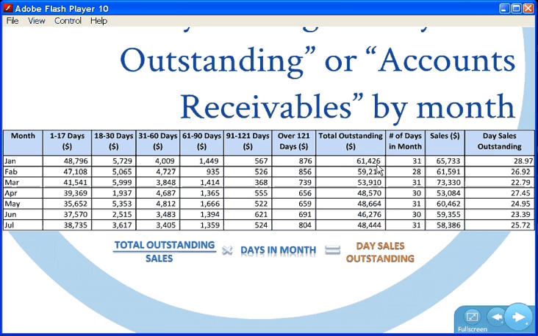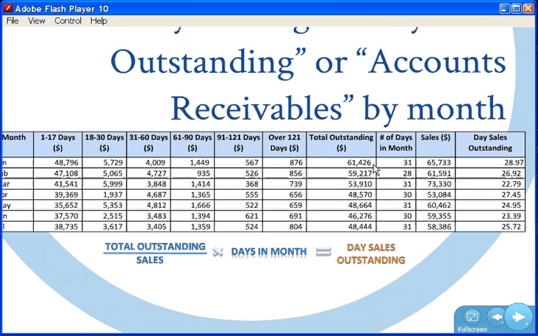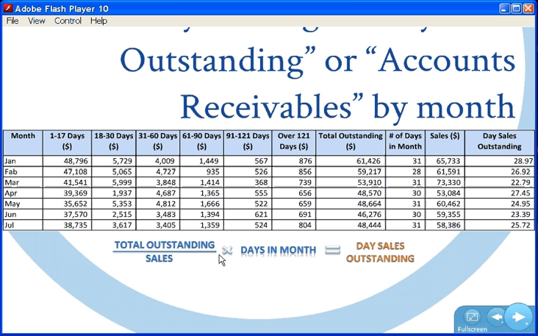In this case, Hydro Ottawa basically had $61,426 of outstanding sales for January compared to sales of 65,733. So in this case, the total outstanding divided by total sales times the number of days in the month will provide the number of days where sales are outstanding.